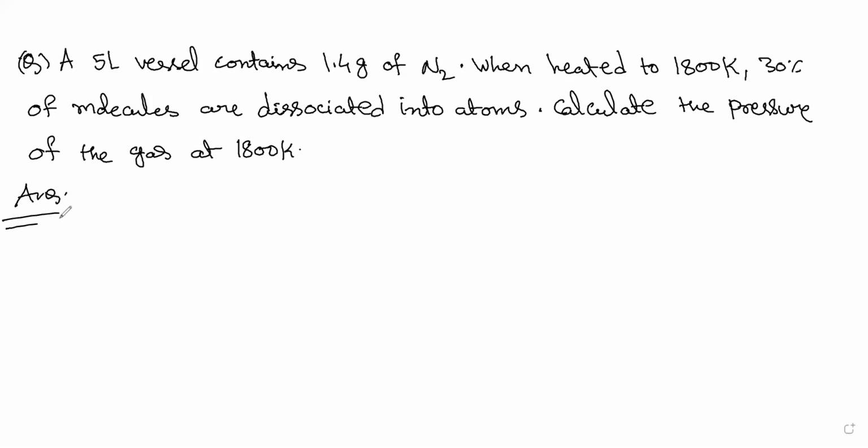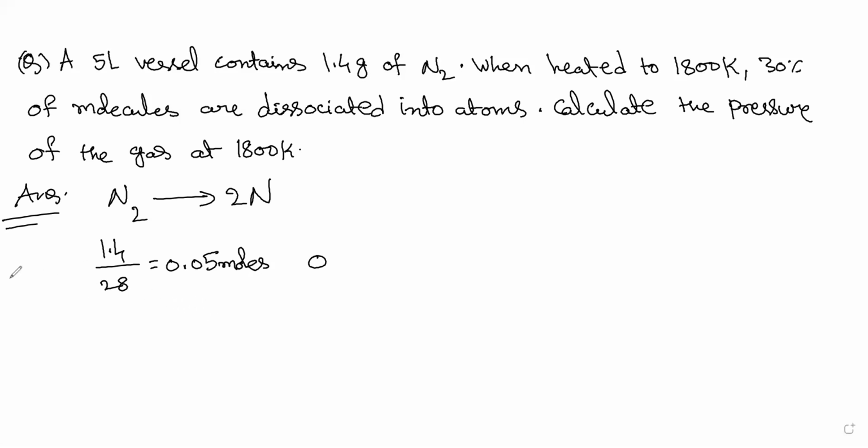So how do we answer this? Nitrogen dissociates into 2 nitrogen atoms. Initially there is 1.4 grams of nitrogen, so 1.4 divided by 28 gives the number of moles, about 0.05 moles of nitrogen, and initially there are no atoms.